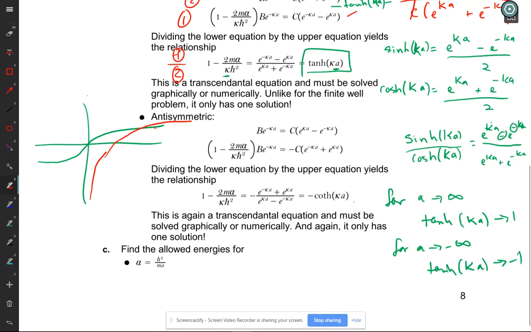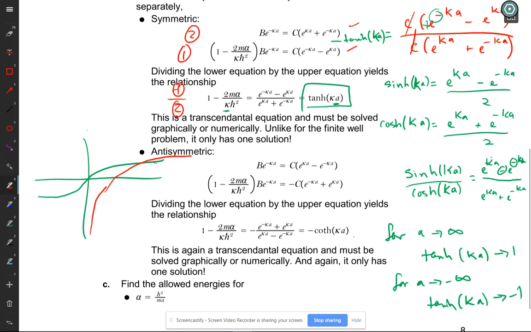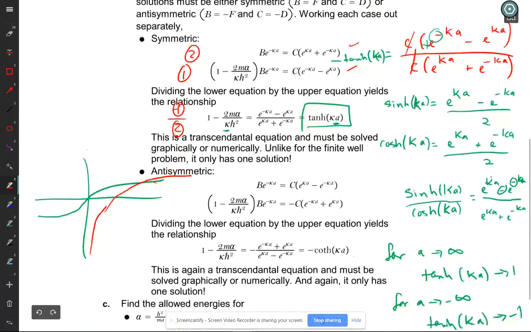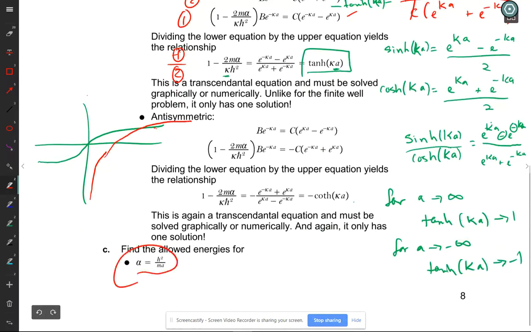When you do that, there's only one solution for each one, so there's 2 solutions. And then we find the allowed energies for a given alpha.